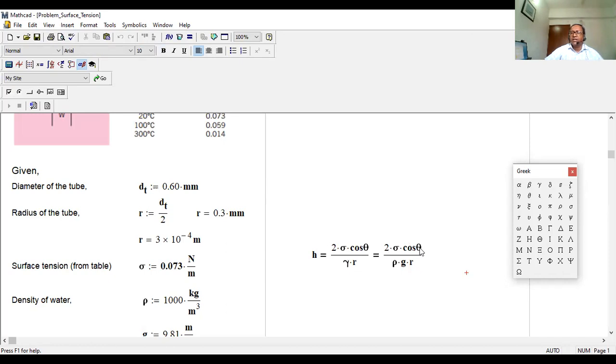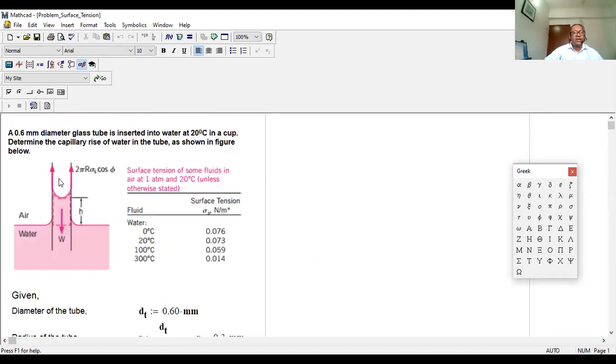And if theta equals 0, then h will be maximum. So right over here it's saying that, and the other thing you look carefully at in this problem, I'm saying this is the tube.